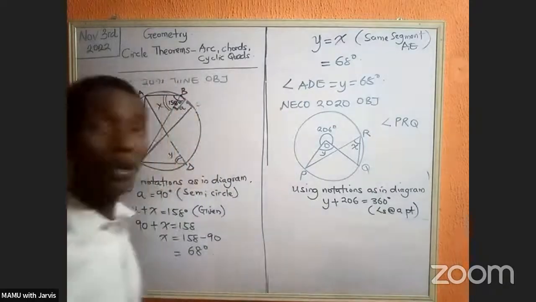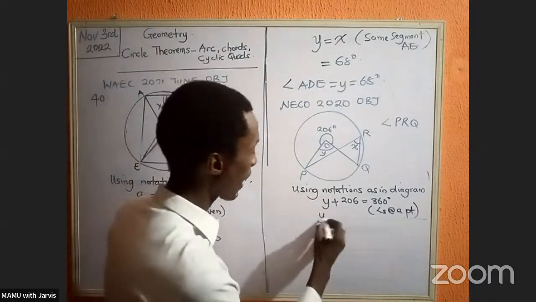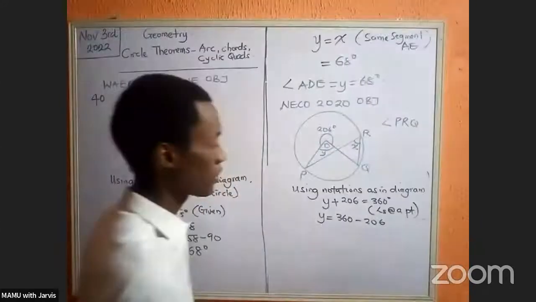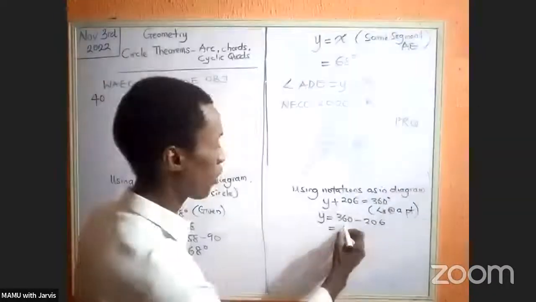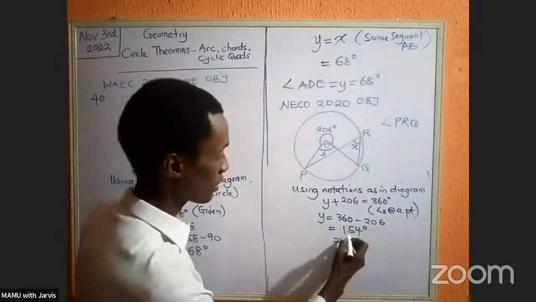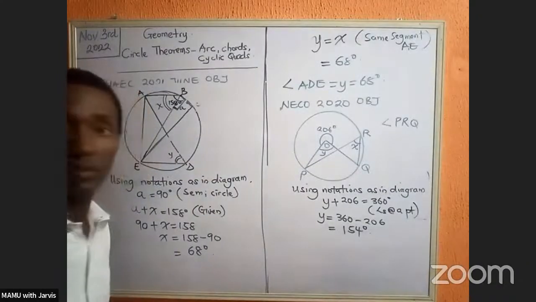So Y will be equal to 360 minus 206. What does that give us? That will give us 154 degrees. And that will mean that this will be 154 degrees, and we are done with solving that question.